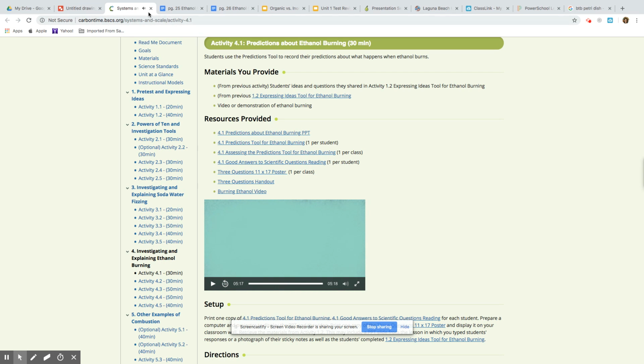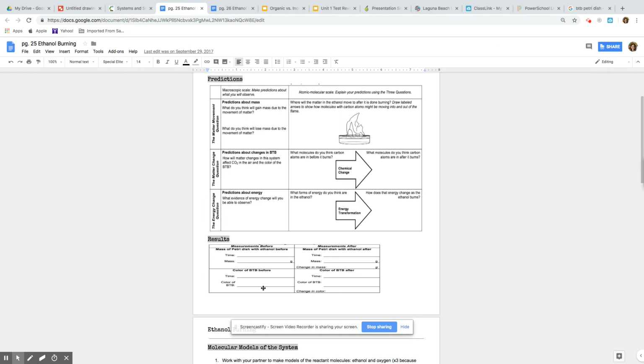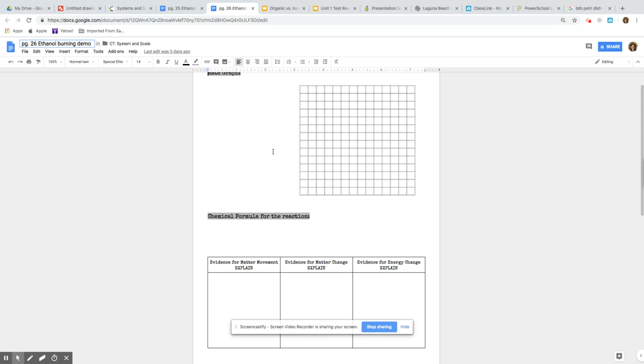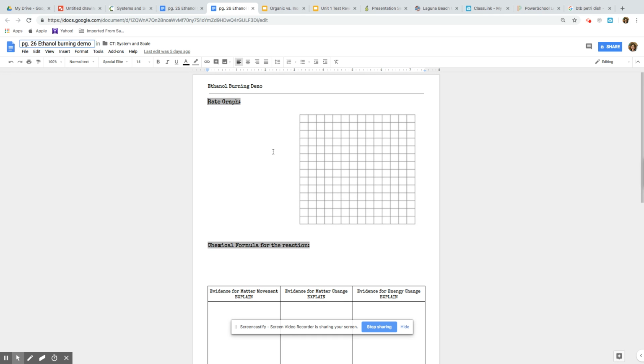All right, so now what we need to do is go to the completed data table and switch over now to page 26, okay? What I want you to do is do a rate graph. I want you to show how the mass of the Petri dish with ethanol changed over time.